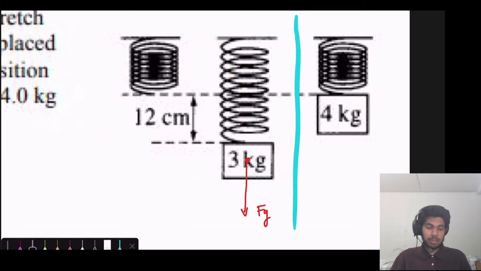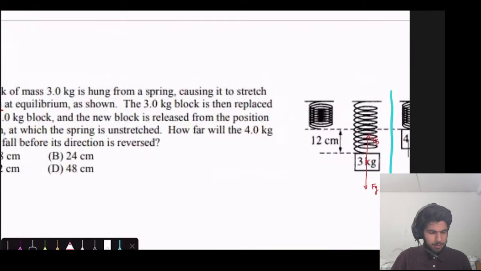The spring wants to go back to its equilibrium position, so the way it's going to get back to equilibrium is by pulling itself upwards. So we have the spring force pointing upwards. And are there any other forces? Well, there's no normal force because it's not on a surface. There's no frictional force, nothing else. So that's sort of our free body diagram.